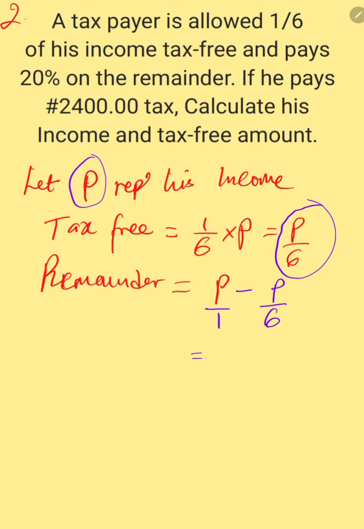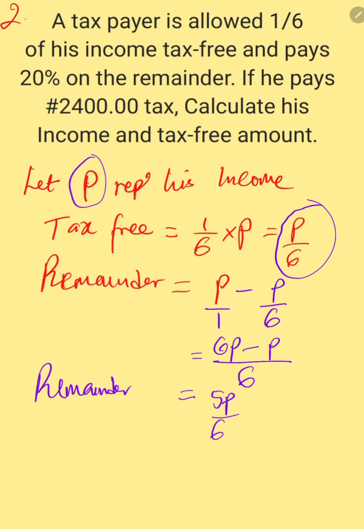Then, looking for their LCM, it is 6. 6 divided by 1 is 6, 6 times P is 6P, minus 6 divided by 6 is 1, 1 times P is P. So when you subtract, you will notice that the remainder is 5P over 6. That is what the remainder is.